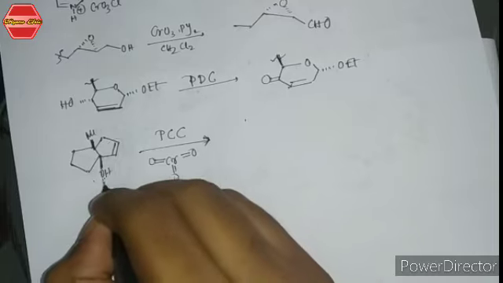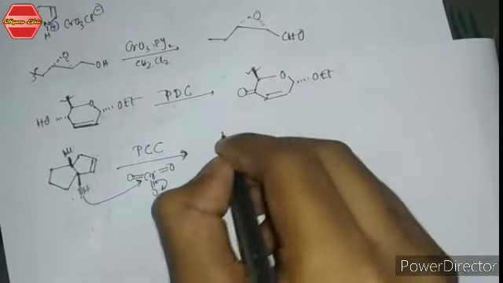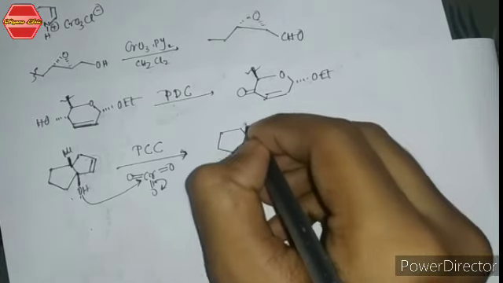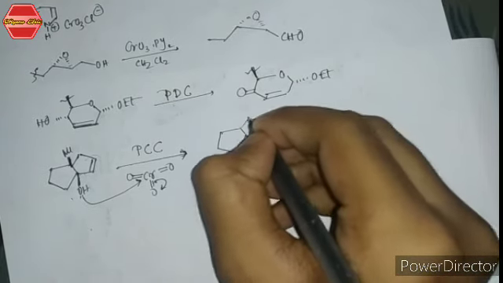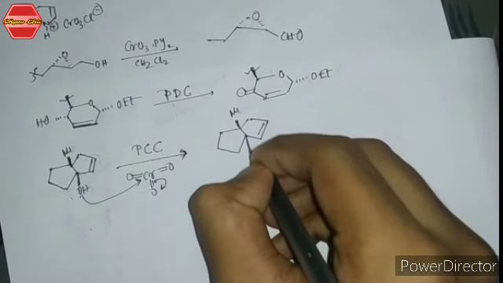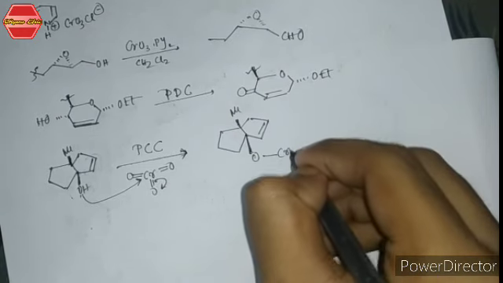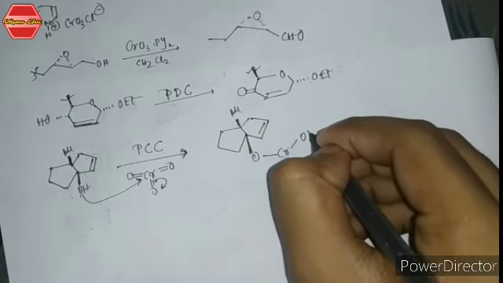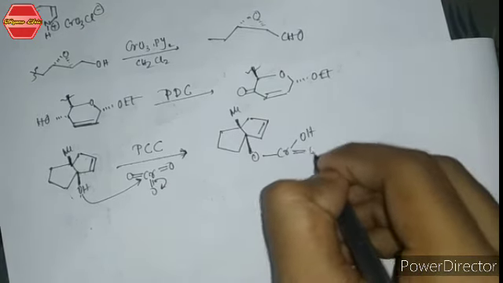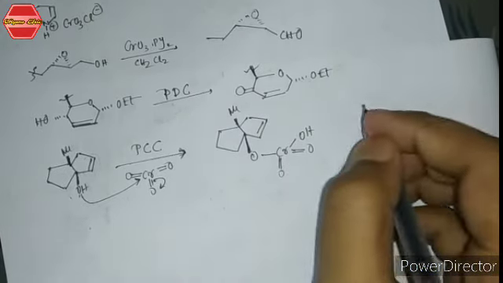This oxygen has a lone pair of electrons, and this will attack over here, and these bonds will go here. Here is your Me, it's a double bond. Now this Cr has OH, a double bond O, and here is a double bond O. This is your overall structure.